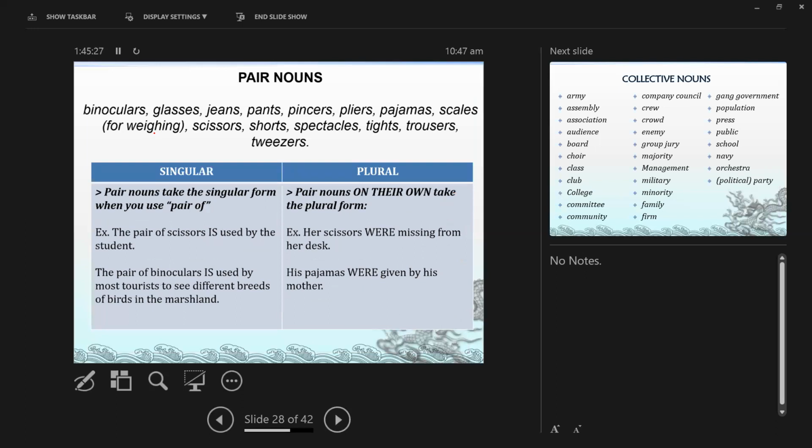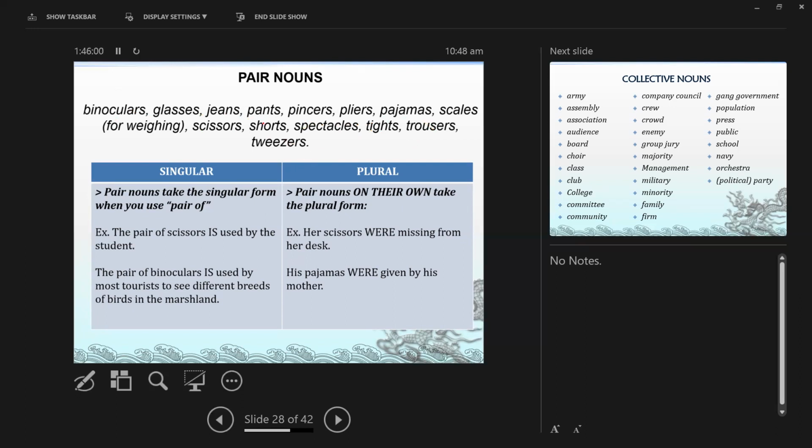Now we're gonna talk about pair nouns. Isa to sa pinaka nakakalito. This is very confusing because they come in pairs and they have an S at the end of the word. For example, binoculars, glasses, jeans, pants, pincers, pliers, pajamas, tails, scissors, shorts, spectacles, tights, trousers, tweezers.